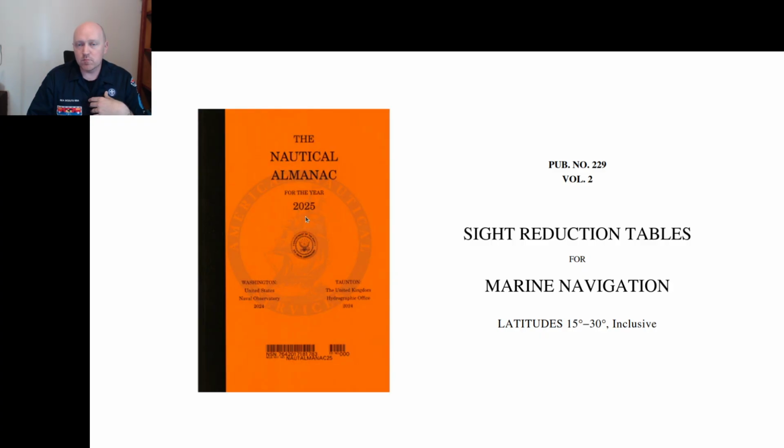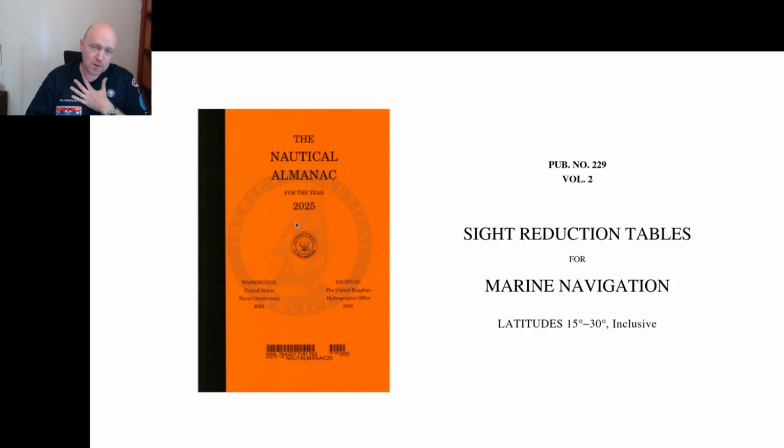Basically for the sun and the moon and a whole bunch of different stars, which are generally selected because they're bright and visible in the night sky in the northern hemisphere. This book basically at any given time, with some interpolation and stuff, can tell you essentially what the geographic position is of every celestial body in the sky, which is pretty cool.